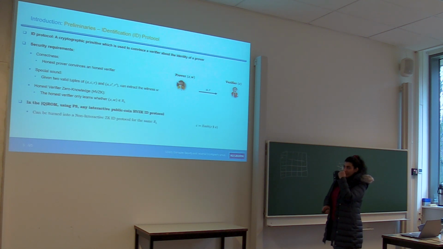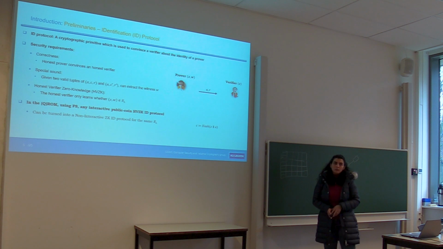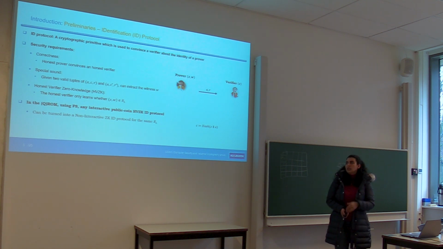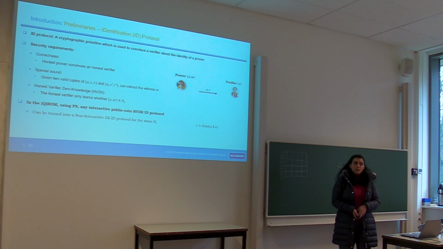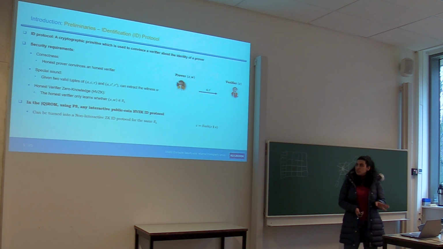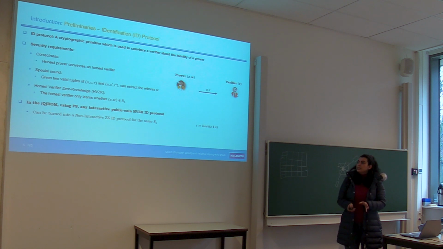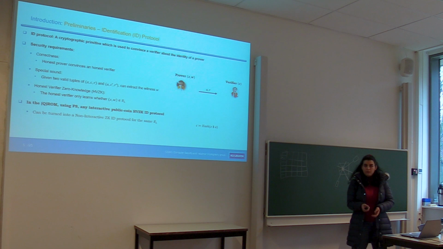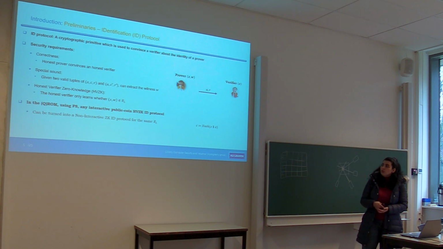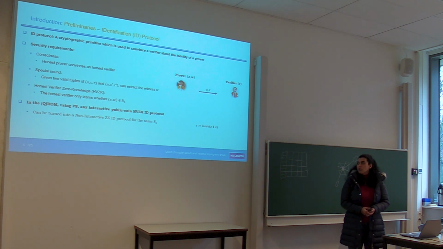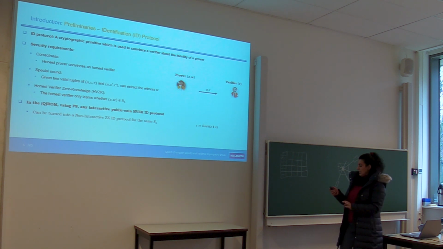There is a technique in the ROM, I mean the random oracle model or quantum random oracle model, which says that using Fiat-Shamir, we can turn any interactive public-coin honest verifier zero knowledge protocol into a non-interactive zero knowledge protocol for the same relation. How is it done?